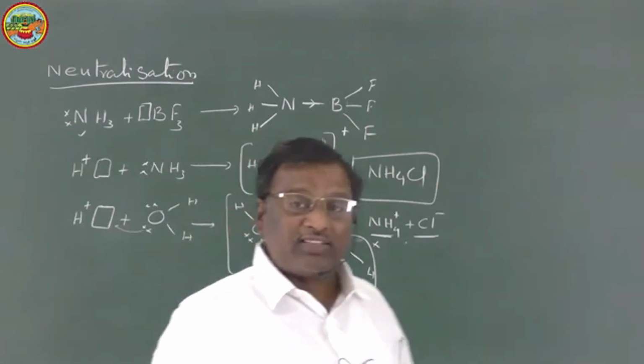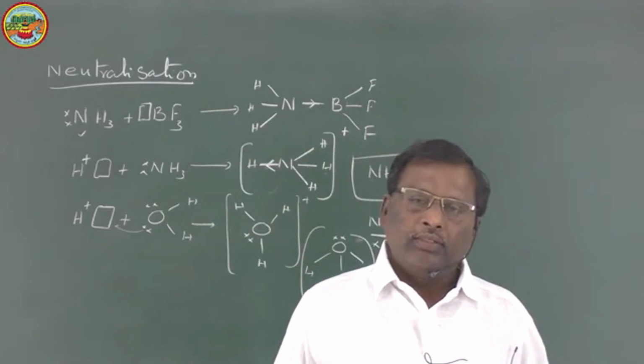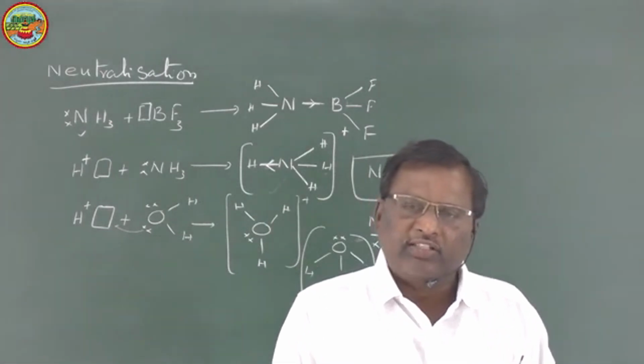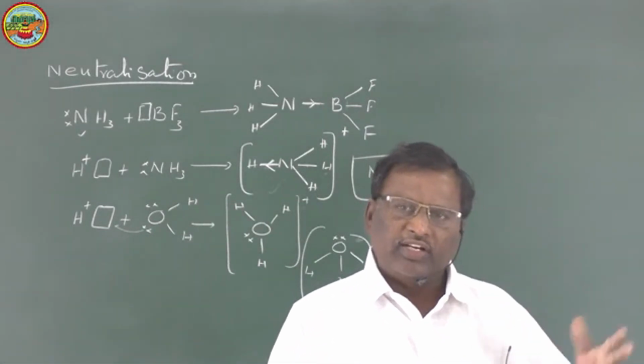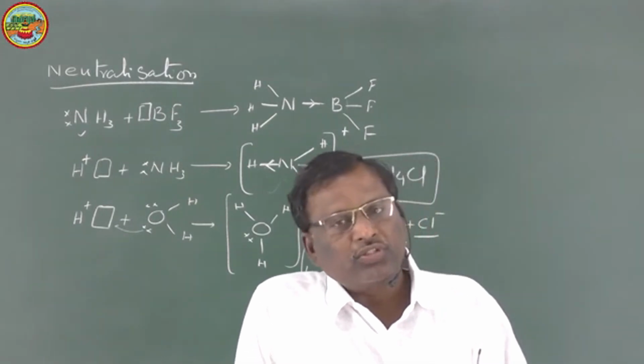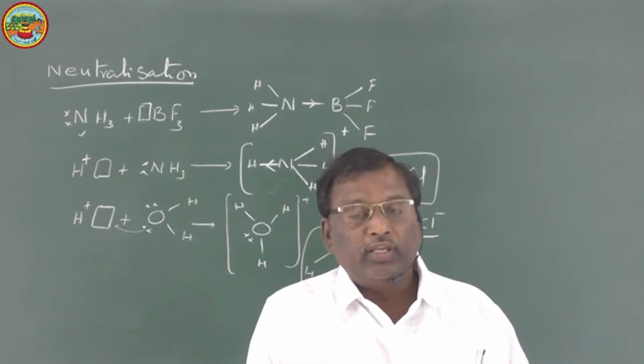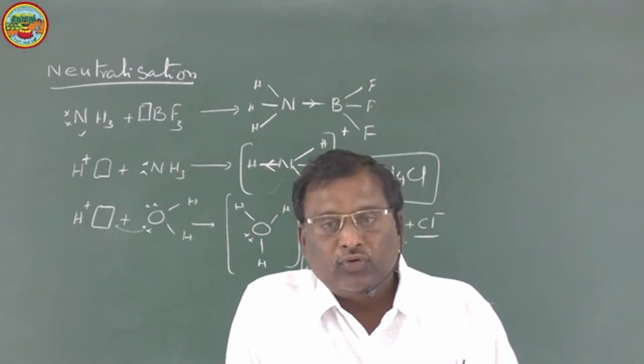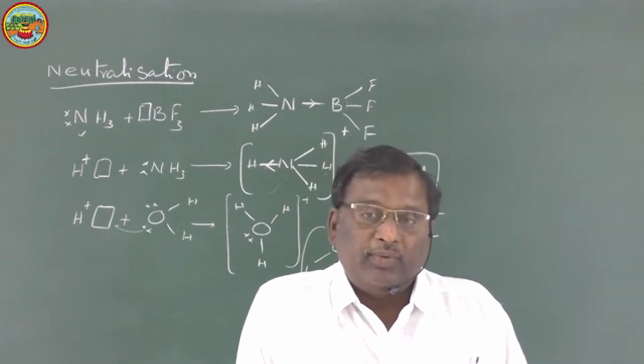What about the strength of acids and bases? The Bronsted theory explains the strength of acids and bases. In 10th class, we studied the Arrhenius theory, which can also explain neutralization, heat of neutralization and the strength of acids and bases.